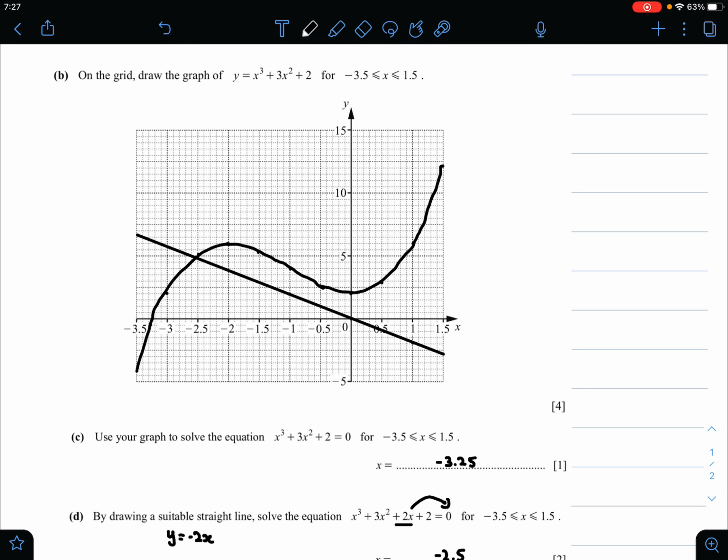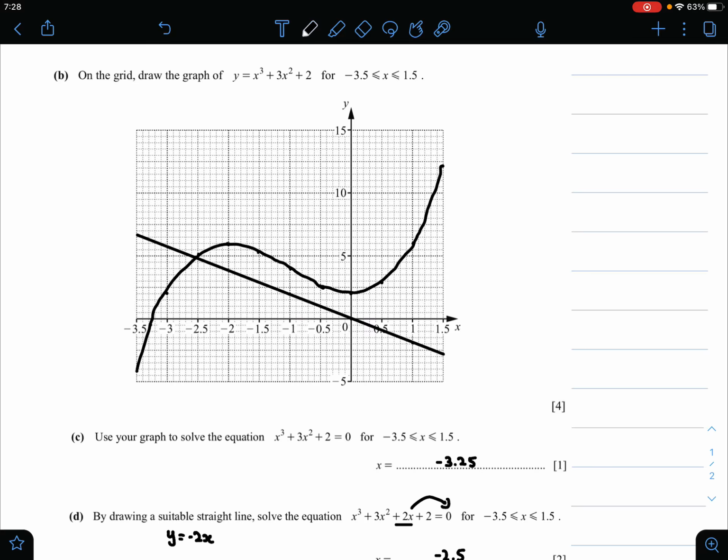So we have to see what integers give us three intersections of the curve. The lowest part over here, that is at the point 1 and 2.